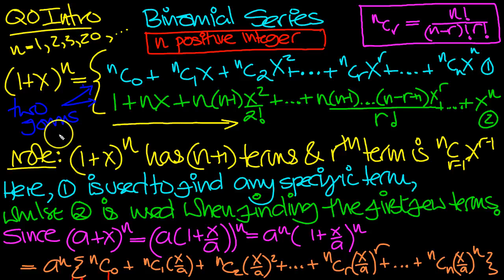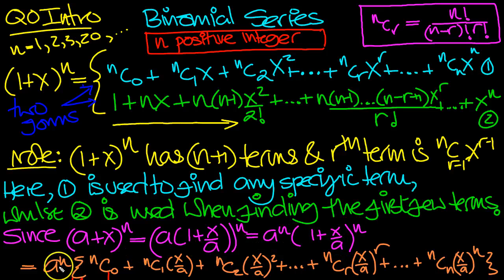Now there's a variation on these binomial expansions, which are brackets of this form, because it's very easy to adjust that to look like this. So let's take an a outside a bracket. We'll write this as a times (1 plus x over a), and we've got all this to the power n. By properties of indices, it would be a to the n times this bracket to the n.